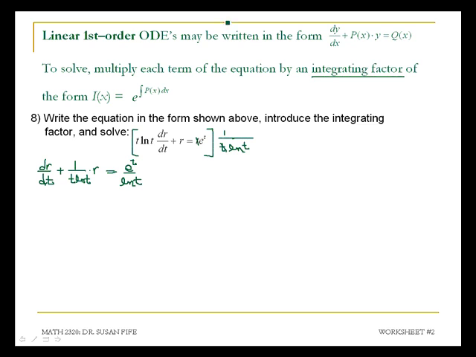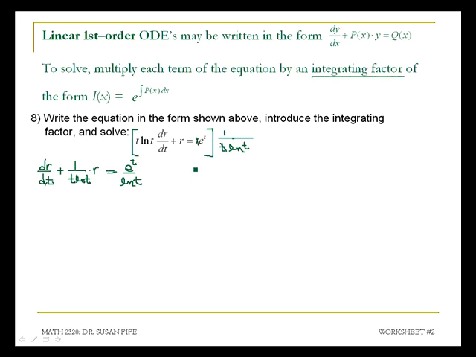Okay, so notice that what I have now is in linear form. I have my derivative term, I have my function of t times r, and then I have a function only of t. The integrating factor for this equation, notice that instead of x's we have t's as our variable.